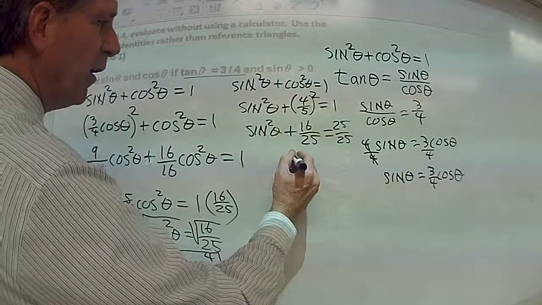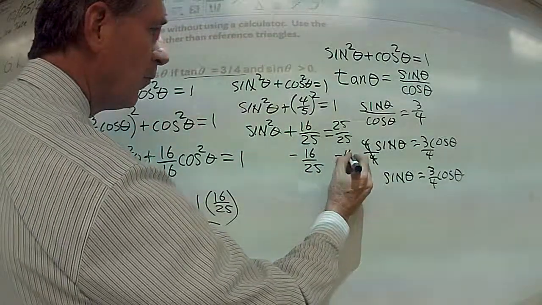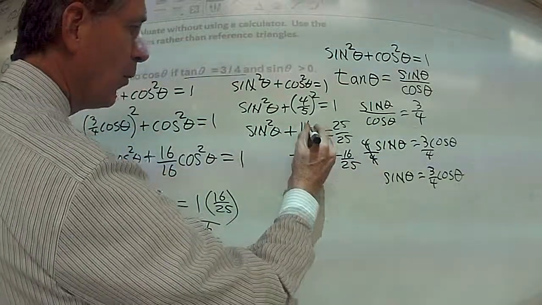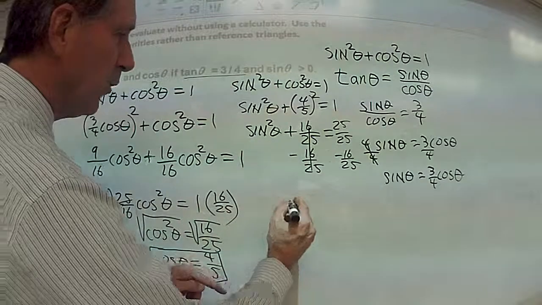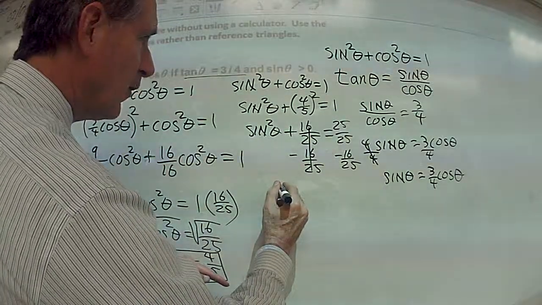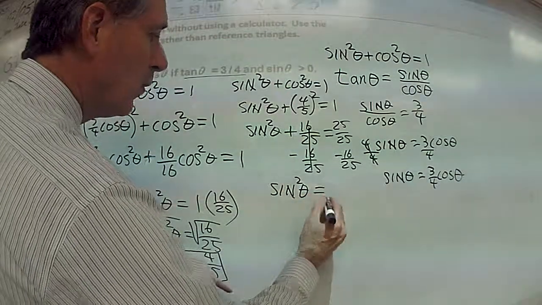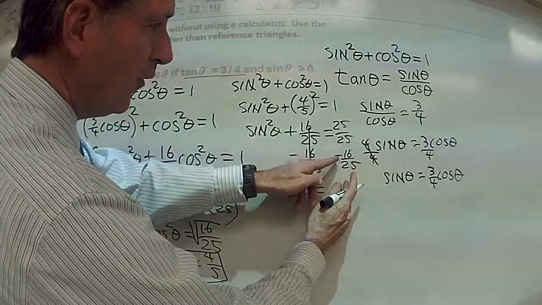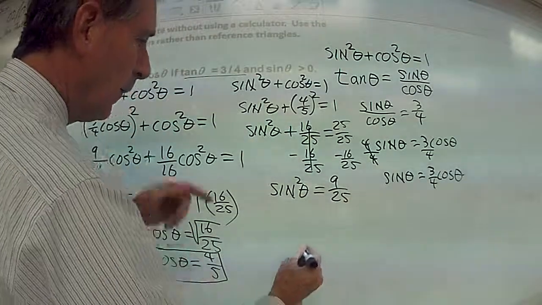And now to solve for sine squared theta, we're going to subtract 16/25 from both sides of the equation. We have cancellation to equal 0. So we have sine squared theta is equal to 25/25 minus 16/25, which is 9/25.